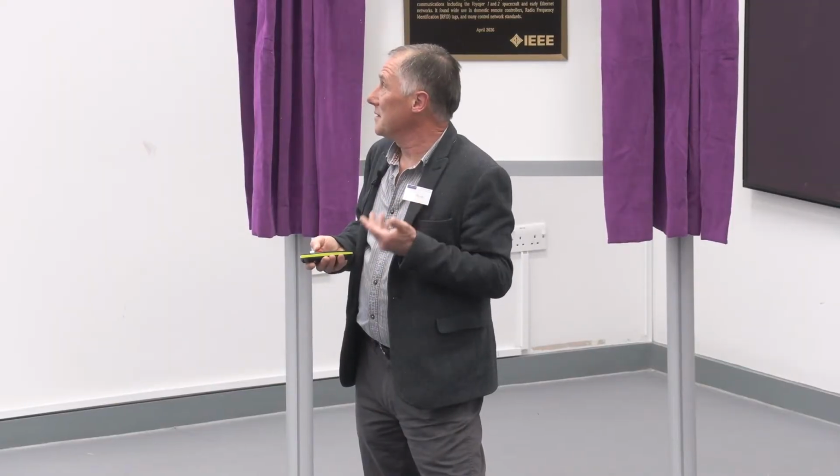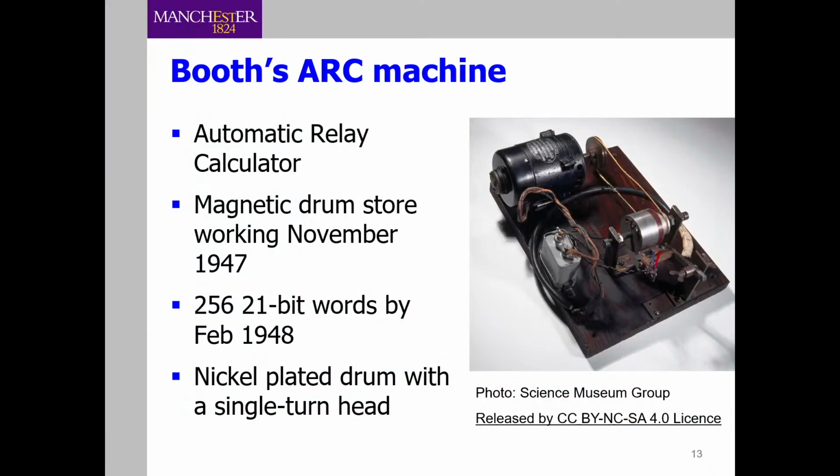Booth returned to the UK, and he built his ARC machine, or his automatic relay calculator, which was designed for crystallographic calculations. He made a working magnetic drum store by November 1947, and he reported that by February 1948, he was storing 256 21-bit words on his magnetic drum store.